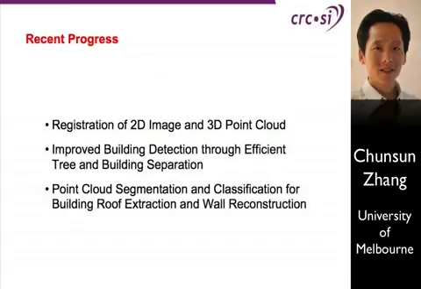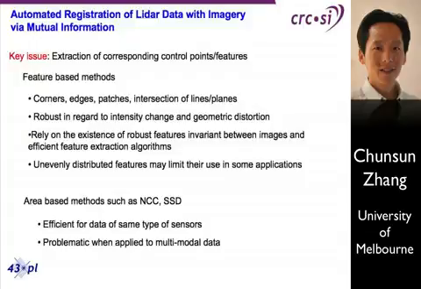This will be outlined in the following slides. Essentially, the registration of different remote sensing data is a core part of the integration for the generation of a 3D image.